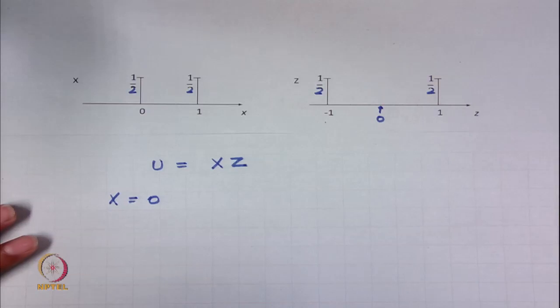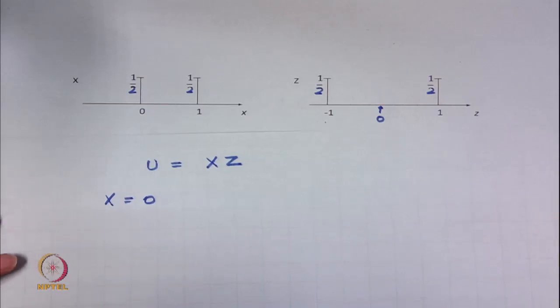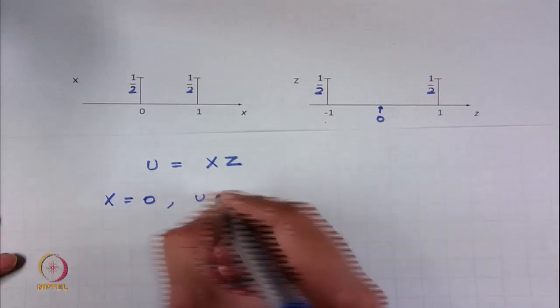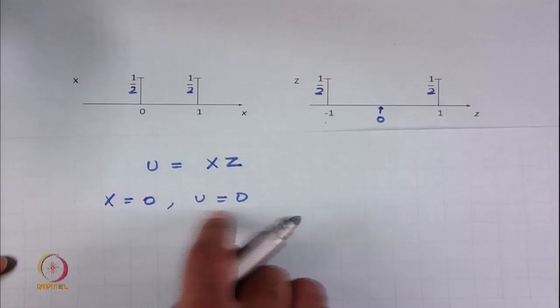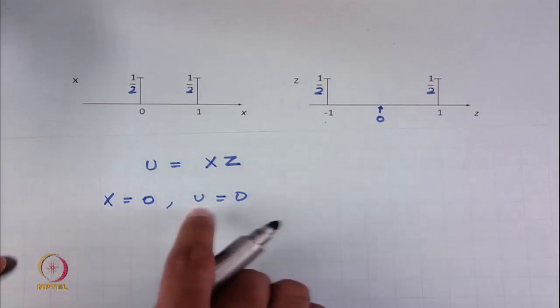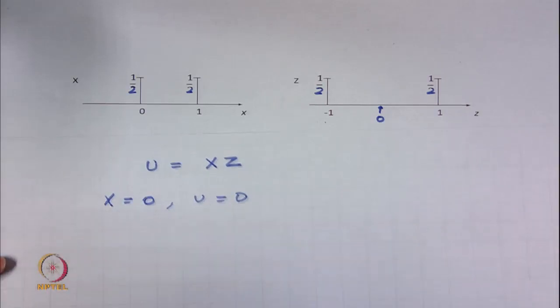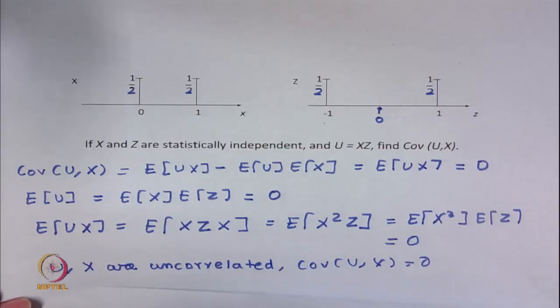If I say that x has taken a value 0, you know for sure that u must also be 0, right. So, these two random variables are not statistically independent. If I give you some information about x, you know for sure what the value for u would be. So, u and x are not statistically independent, however, they are uncorrelated because covariance turned out to be 0.